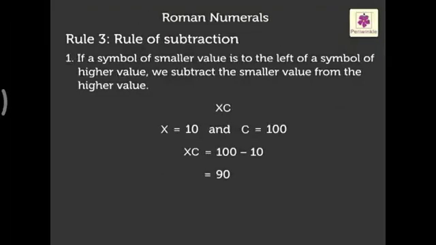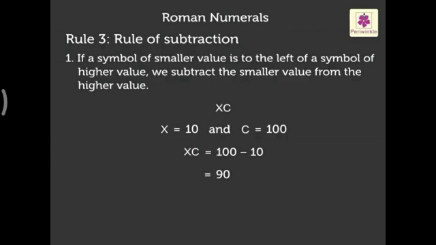Next, last rule, rule of subtraction. If a symbol of smaller value is to the left of a symbol of higher value, we subtract the smaller value from the higher value.